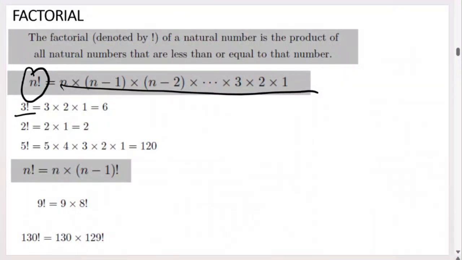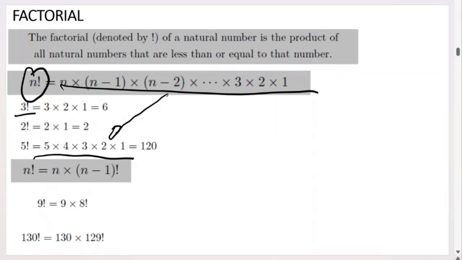You multiply those, so you're going to have 6. Same applies to 2 factorial. It is starting with 2, and then the next number descending is 1, so 2 multiplied by 1 is equal to 2. Same applies with 5. So this is just the definition of a factorial.